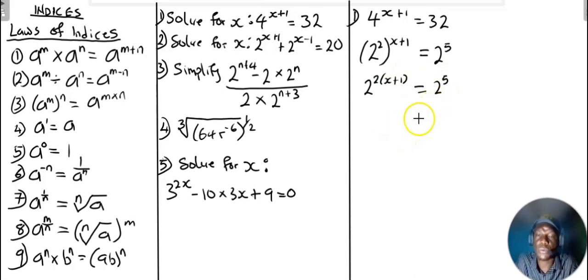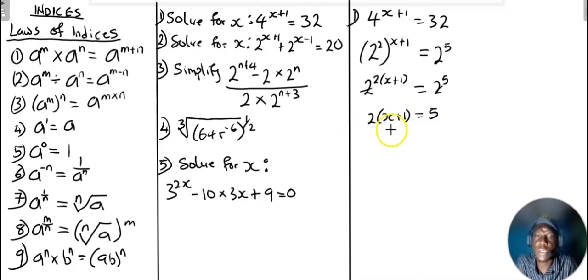It's very simple. Now the bases will cancel, since they both have the same base, that's 2. When their bases cancel, you are left with the powers. That's 2 into x plus 1 is equal to just 5.